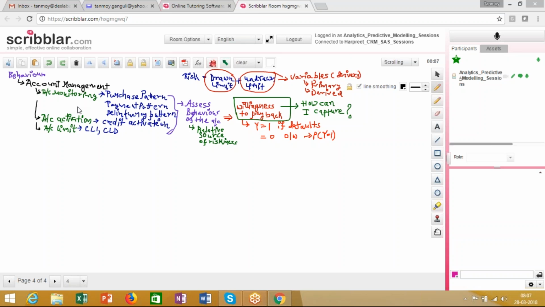Given that this borrower is on the books of the bank, he is making payments of his EMIs, as you might call them, on a monthly basis, right? So every month this person is making his payments. Now, the bank needs to monitor the payment patterns of this particular person.